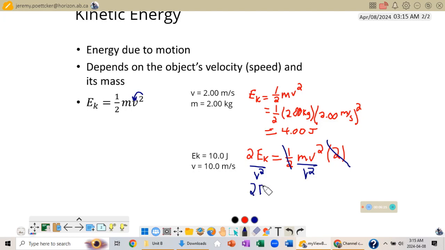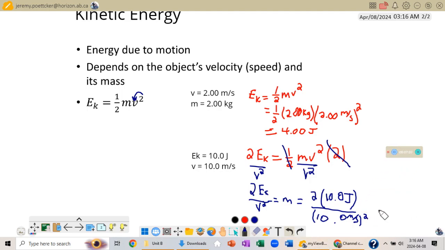So I have 2EK over v squared equals m, which then is going to be equal to 2 multiplied by my 10.0 joules, all of that divided by 10.0 meters per second squared.